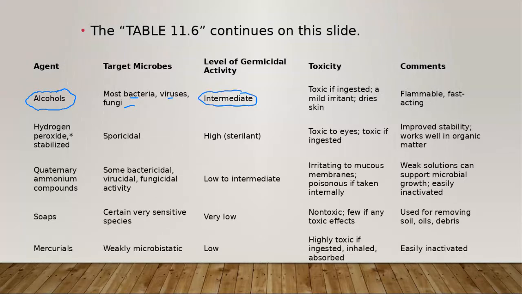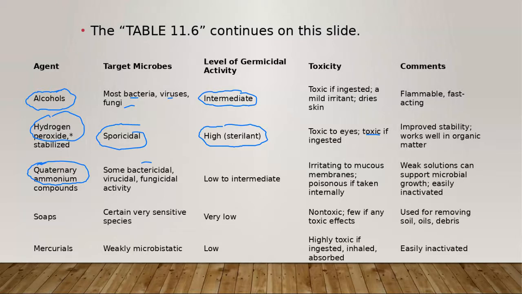Okay. Hydrogen peroxide, we also use a lot. They are considered sporicidal. Some of them are high level, used as a sterilant, especially at high concentration, but they are also toxic to our body. Toxic if ingested or toxic to our eyes. Quaternary ammonium compounds are mostly used in soap, antiseptic soap, for example.